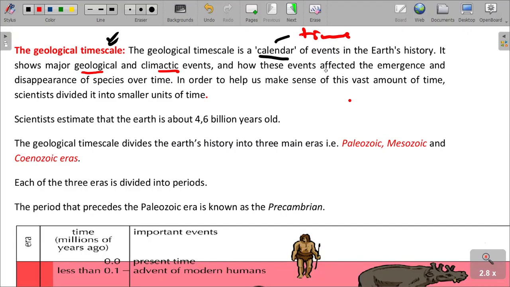I'm sure you can understand the emergence. We are talking about the formation of various species and also their disappearance over time. These cannot be separated from what? From climatic events. Climate affects organisms' existence.